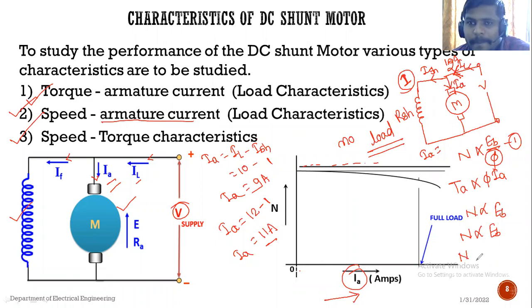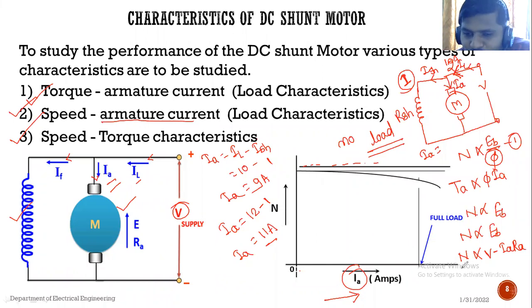EB is equal to phi P N Z upon A. I want the voltage equation, not the back EMF equation. EB is equal to terminal voltage V minus IARA, in the form of IARA.